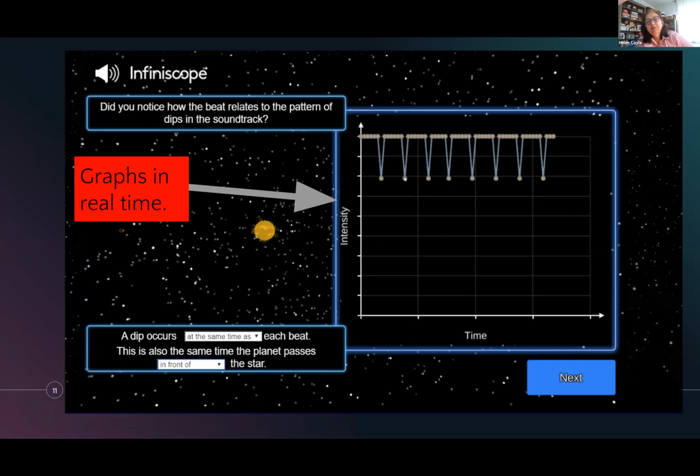First one, the second one, the third one, in real time as these things are happening. And that helps the kids visualize, again, with all the senses: the sound, looking at the planet, and looking at the graph of intensity versus time.